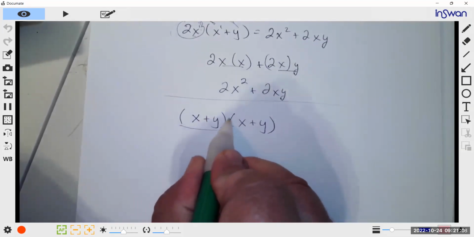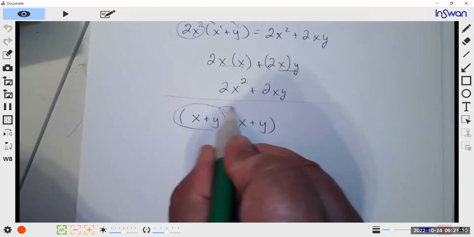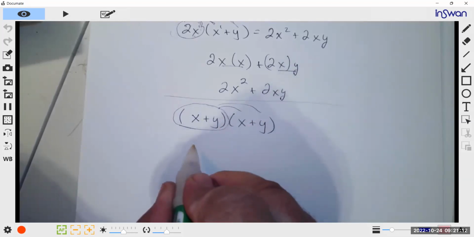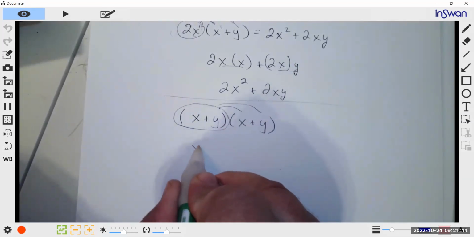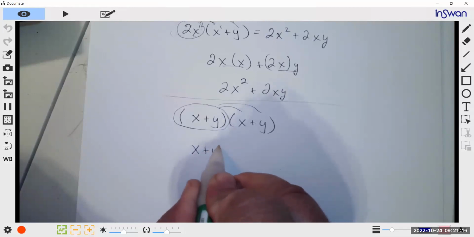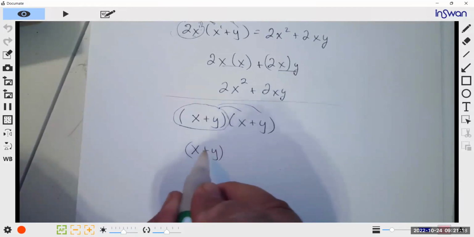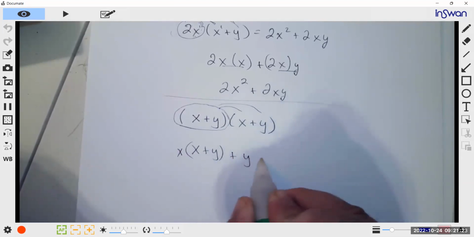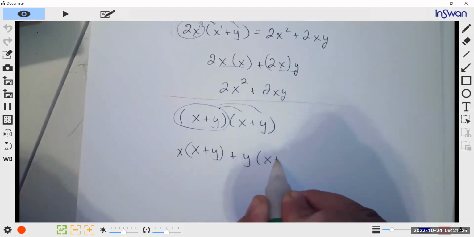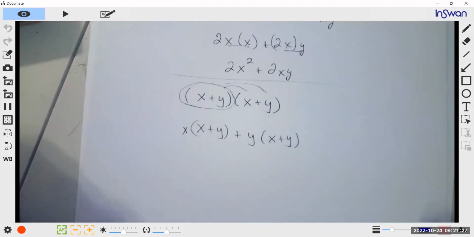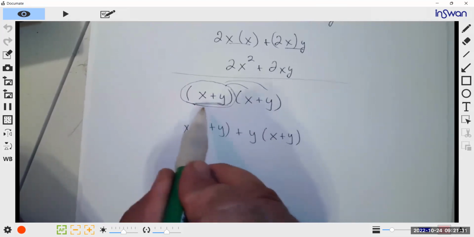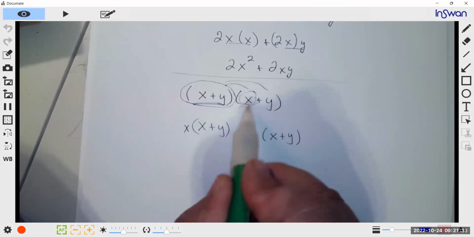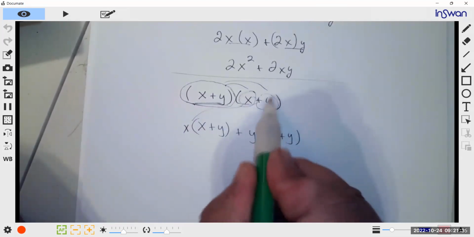So I take this entire equation and multiply it to both of those. X plus y times x. X plus y times y. So I took this x plus y and multiplied it to this one first, and then to this one.